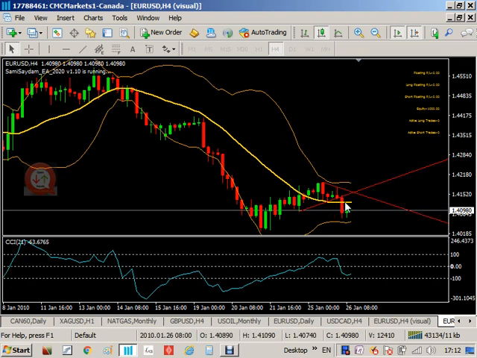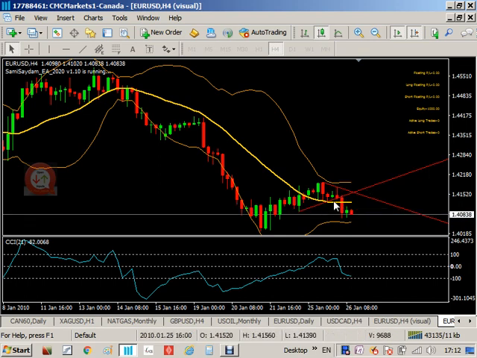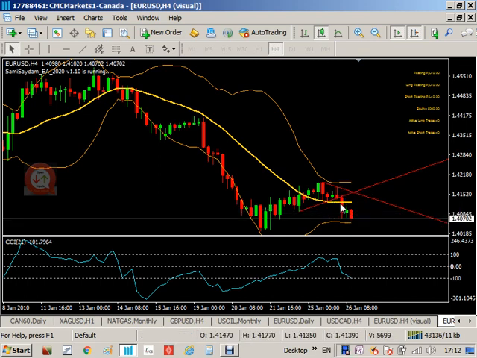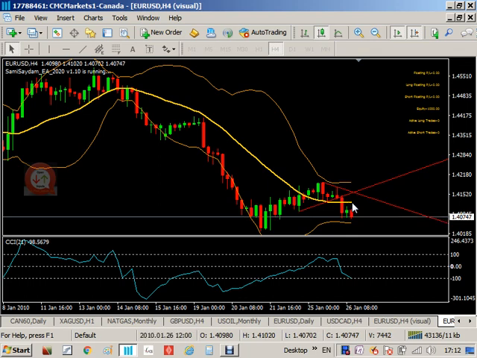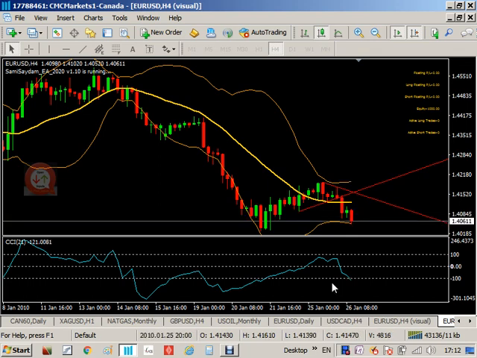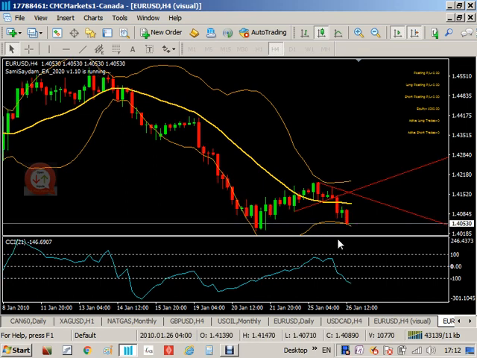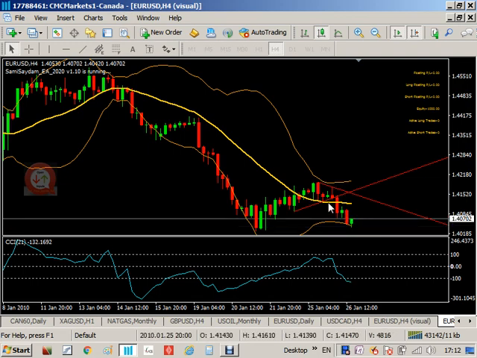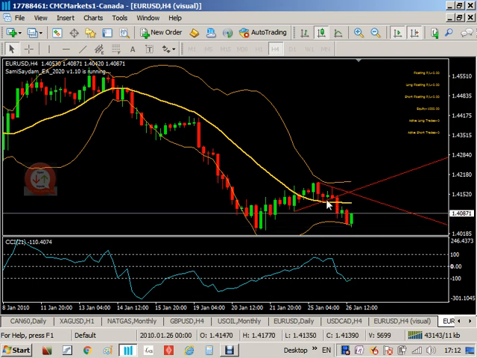Now it is broken below the support, it became resistance, and below the yellow line in the Bollinger Band and below the zero line, so it is a clear sell. I can decide to take the sell or short from here.